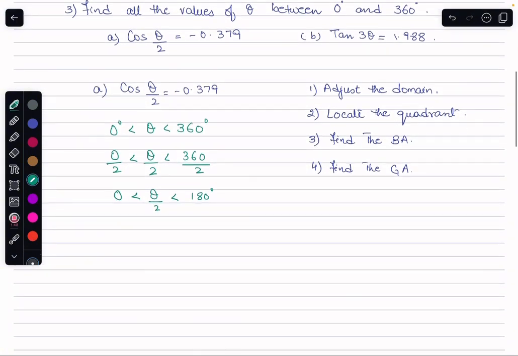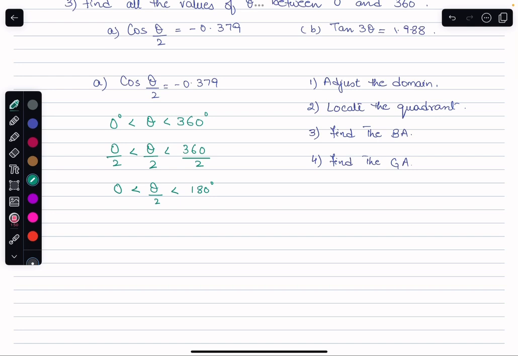Let's start with the second step, which is to locate the quadrant. So to locate the quadrant, it says it's cos of theta by 2, which is equals to negative 0.379. And keep in mind that we have to have the angles between 0 and 180 degrees.